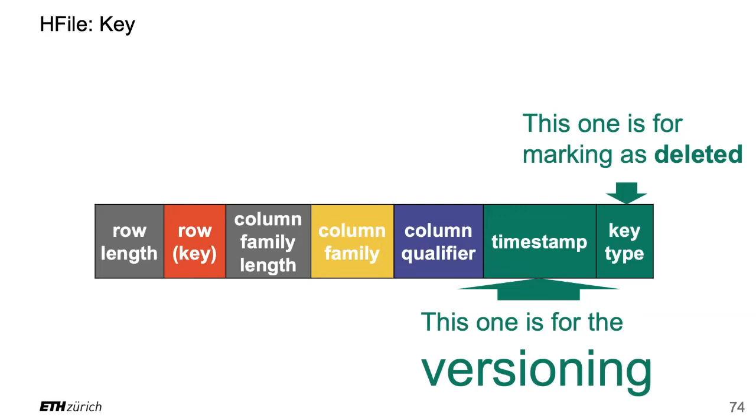Yes, go ahead. Seeing now that we have a timestamp, I suppose that's a sort of time of update or modification or insertion. I know that usually time is a very complicated thing to synchronize across clusters. How does that work here to achieve consistency? That's a very good question. Actually, you push me to my limits because these are the parts of HBase that I would know less about.